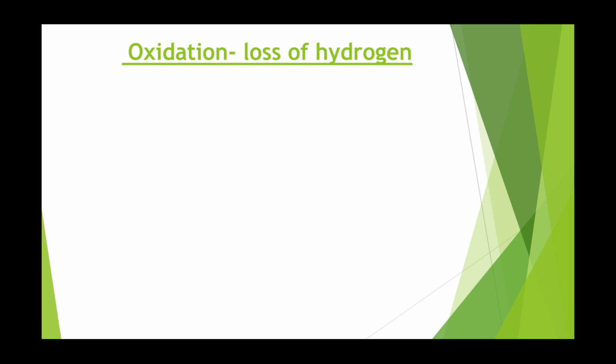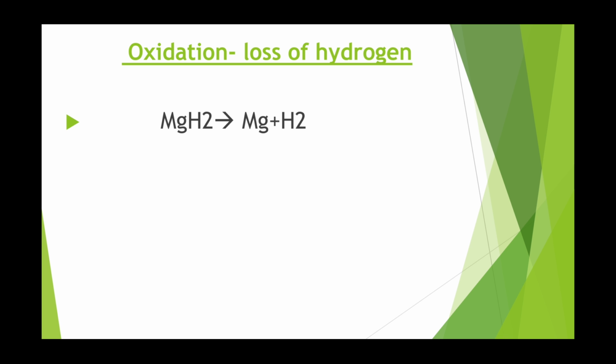Let us take another example of oxidation reaction, but here we will study the loss of hydrogen during oxidation. It is an example where there is a decomposition of magnesium hydride. When the magnesium hydride is decomposed, we obtain magnesium and hydrogen gas is released.